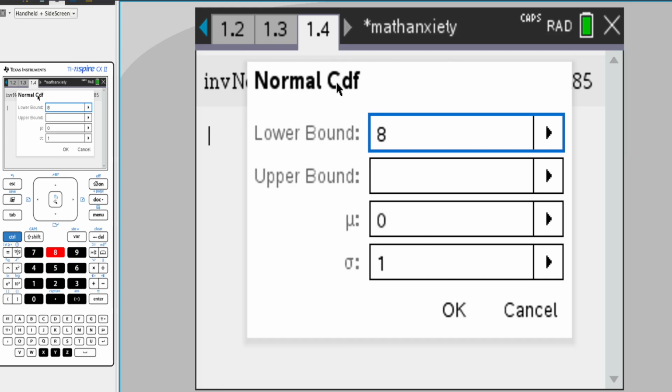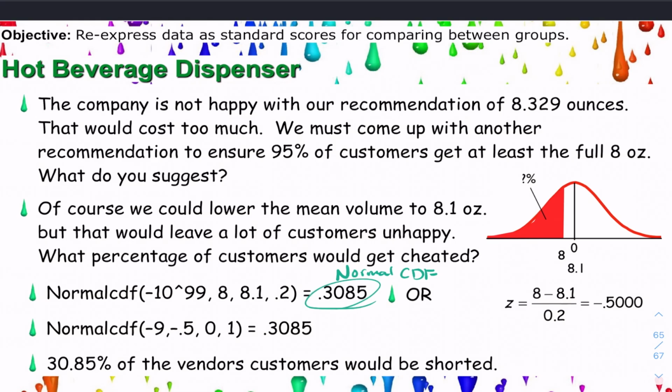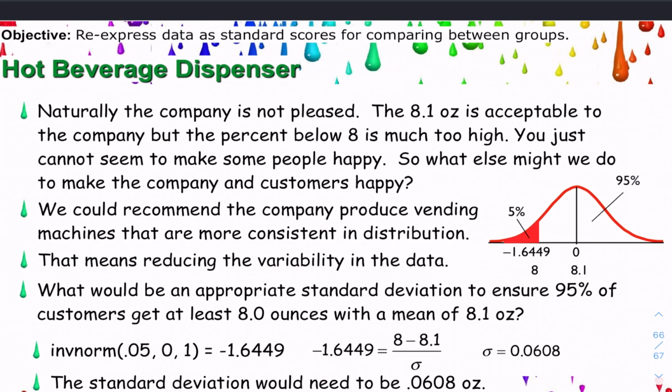Our lower bound would be, let's say, negative 10, because we just want everything below there. Our upper bound would be 8, with our mean being 8.1. Notice we've changed it now, and our standard deviation is 0.2. If we do that calculation, 30.85% of the vendor's customers would be shorted if we just drop the mean to 8.1, and that's too much.